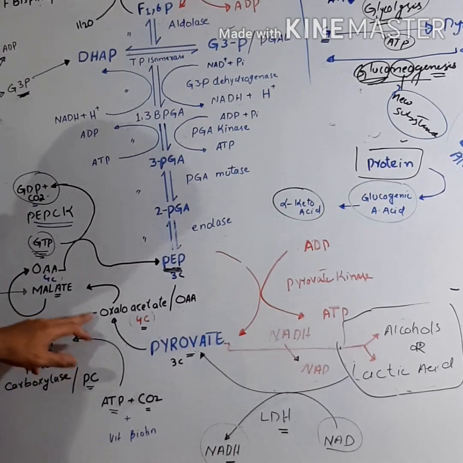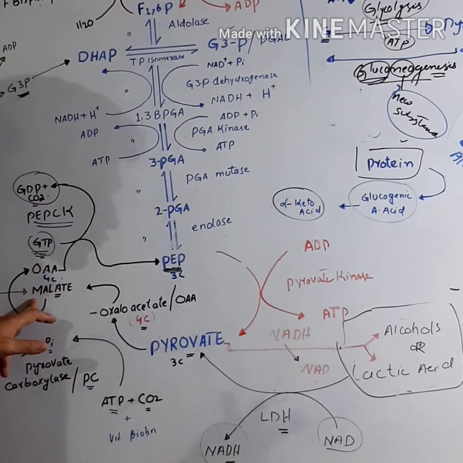Therefore, oxaloacetate is converted into malate. The membrane of the mitochondria is permeable to malate. So malate leaves the mitochondria and comes out into the cytosol, where it is converted back into oxaloacetic acid.